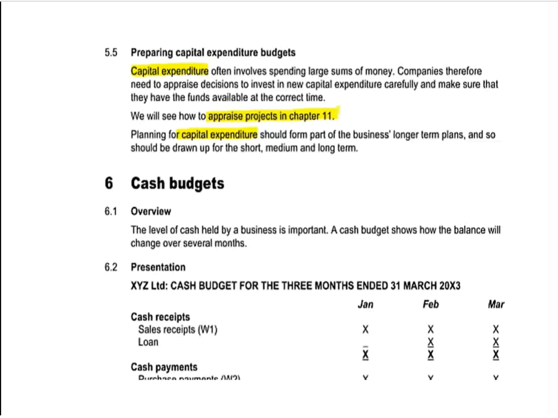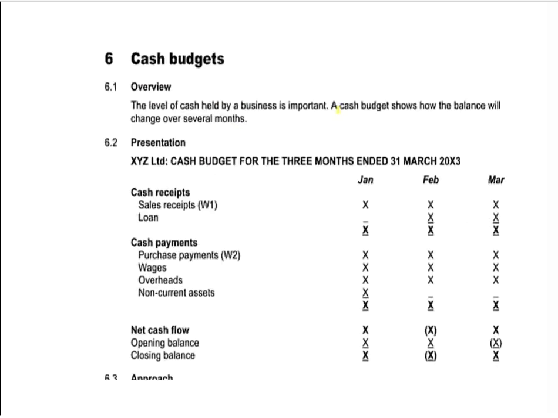The final type of budget we need to look at preparing then is that of a cash budget. Cash is absolutely critical for businesses. Cash in some respects is deemed to be king because many businesses that go bust or don't survive their early days do so because they run out of cash rather than because they weren't profitable.